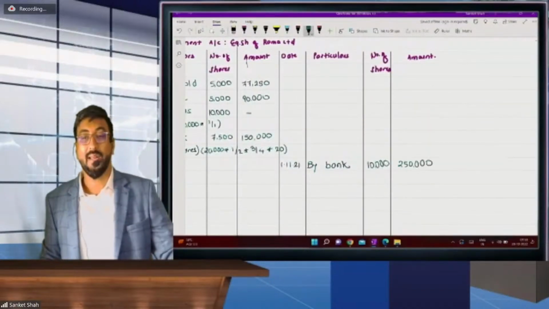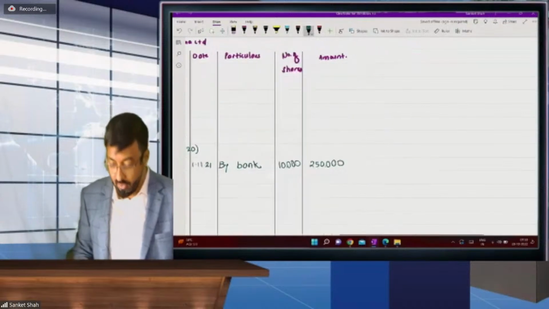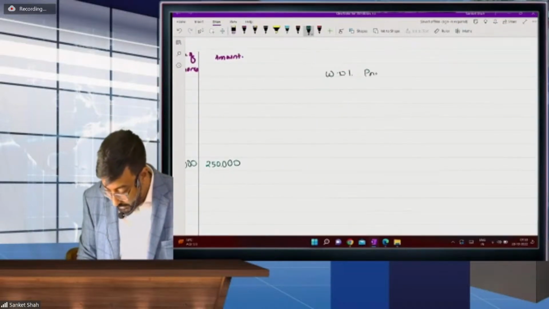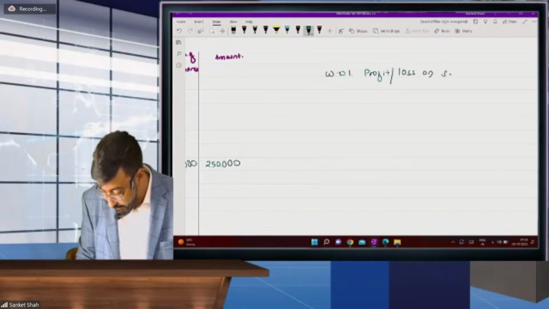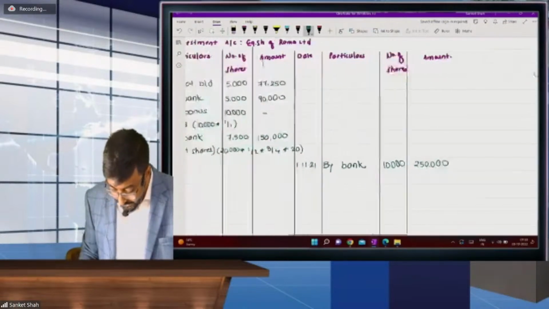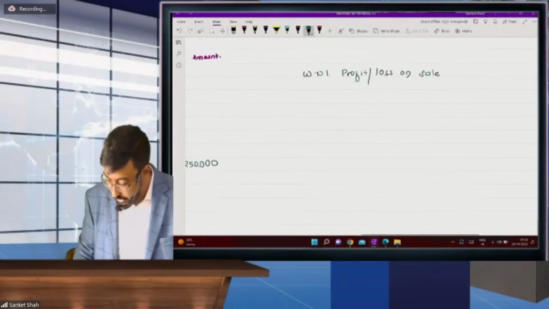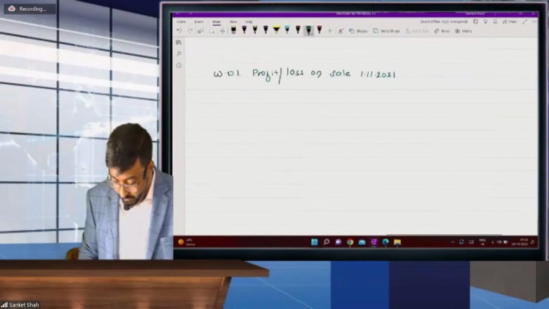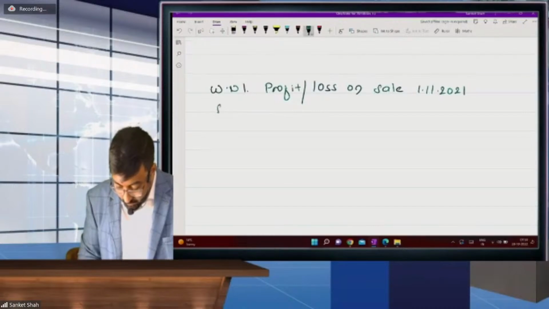Whenever you are selling any shares, you have to prepare working note 1, profit or loss on sale, sale number 1/11/2021. What are columns?